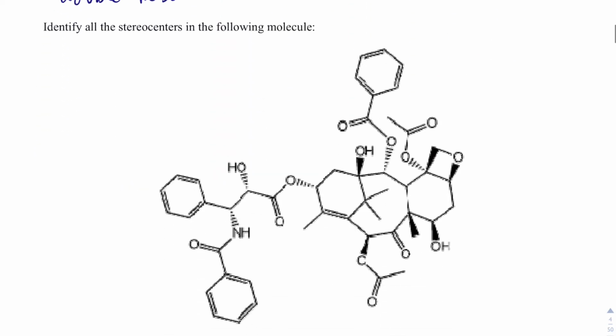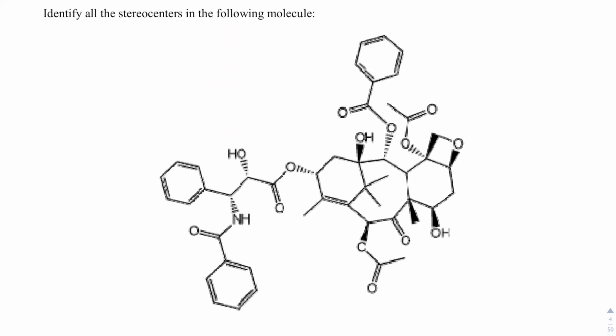Okay. So now what I want you to do is pause the video and identify all the stereocenters on the following molecule. This is a huge molecule. If you go into biochemistry, you will start to study molecules that look this big. This is specifically called Taxol, and it is an anti-cancer molecule that is used against leukemias or different tumors in the breast, ovaries, brain, or lungs.